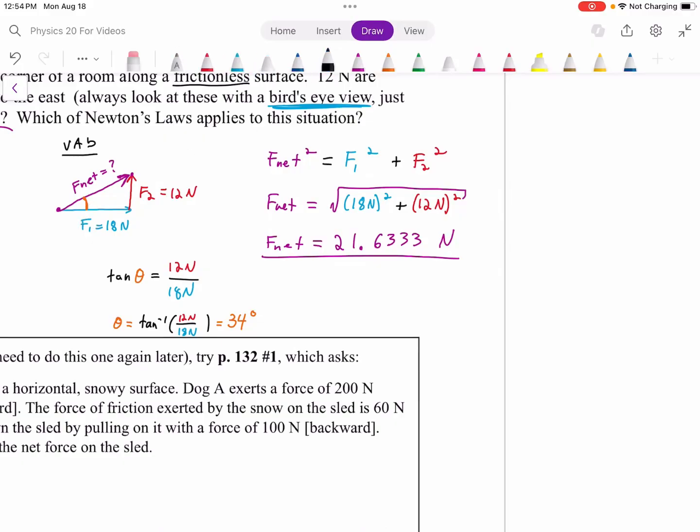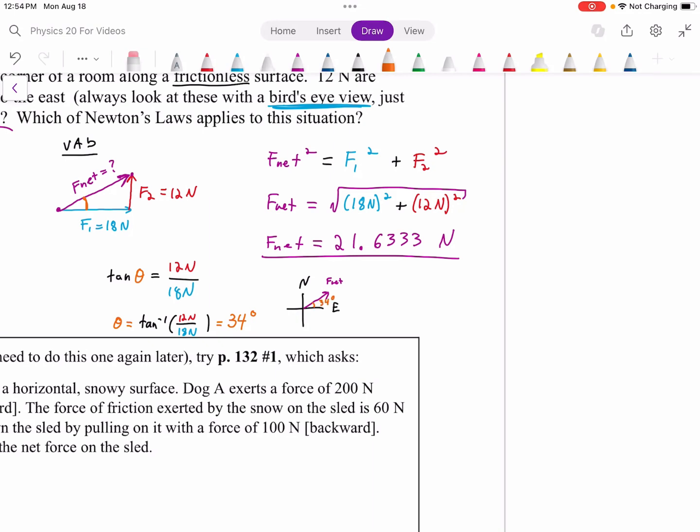Now we just need to be careful about describing it with the compass directions. We know we're somewhere between east and north, and we know F net is pointed like that. We just found this angle here based on our diagram setup. So make sure you're finding the correct angle here. This angle here is 34 degrees.